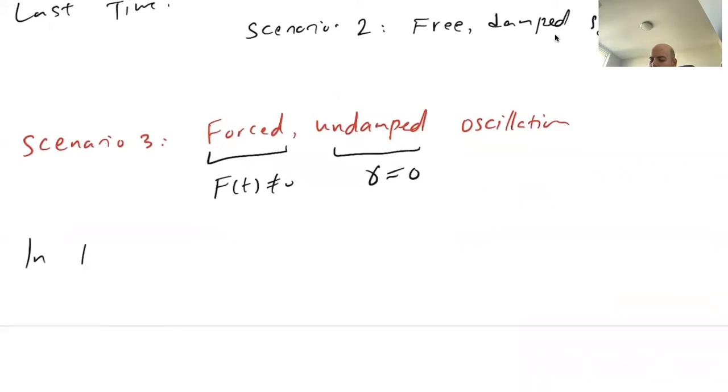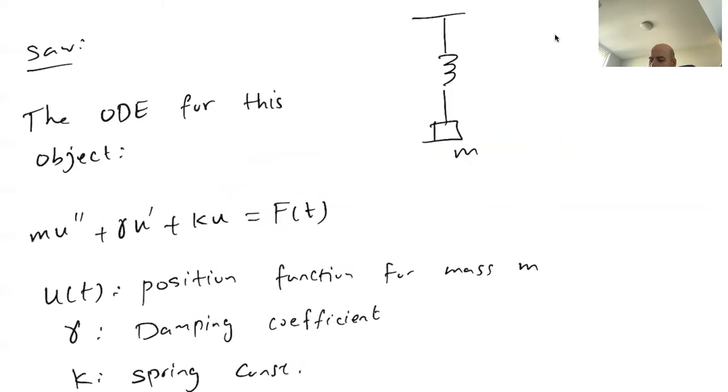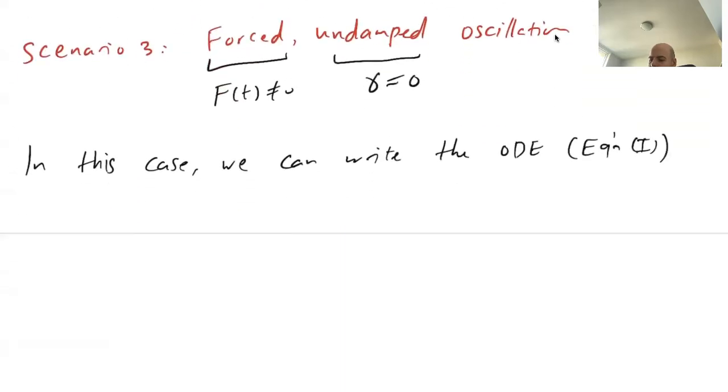So in this case, we can write the ODE, let me call this one equation 1, as follows: mu double prime plus ku equals f of t.